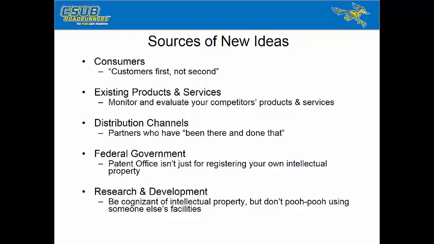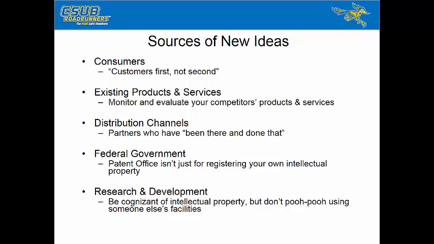The federal government: the patent office is not just for registering your own intellectual property. You can find a lot of ideas just by browsing through the U.S. Patent and Trademark Office's databases of patents and trademarks, taking a look at what's out there as patented ideas, what you might be able to do to build on or add to them.